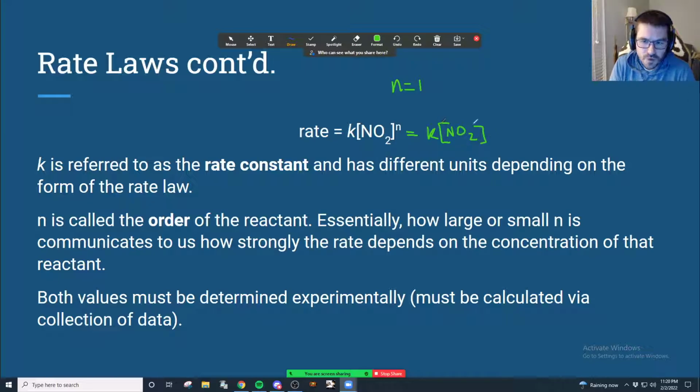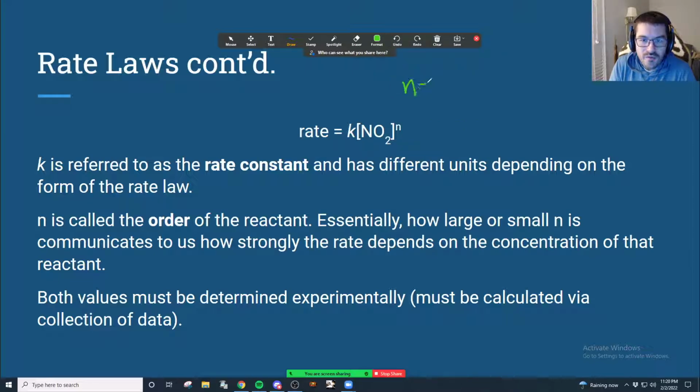So the concentration of the reactant at any given time does matter. It does influence the rate. If you've got a higher concentration, then the rate's going to be higher. If the concentration goes down, then the rate is going to go down as well. It's going to start to slow down as the reactant is consumed.